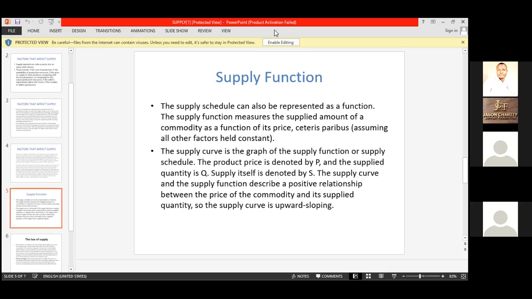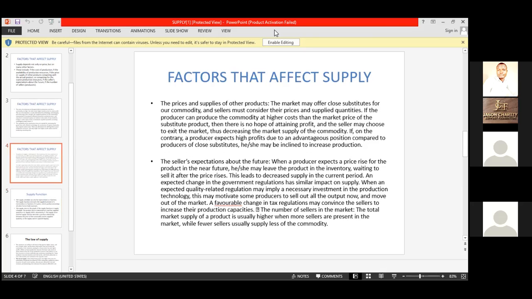Apart from the price, which is very straightforward, the other aspect we have to explain is the cost of production of the goods. When production costs for a commodity are high, the seller needs higher market prices to attain profit.